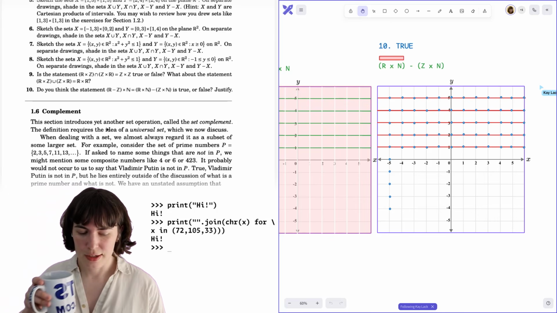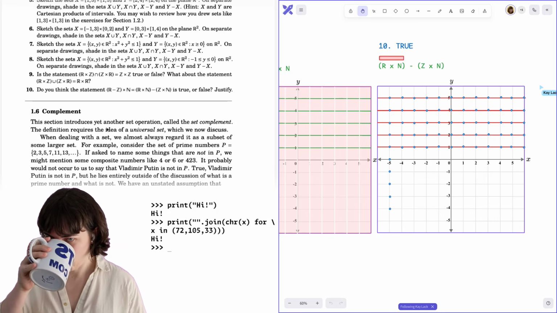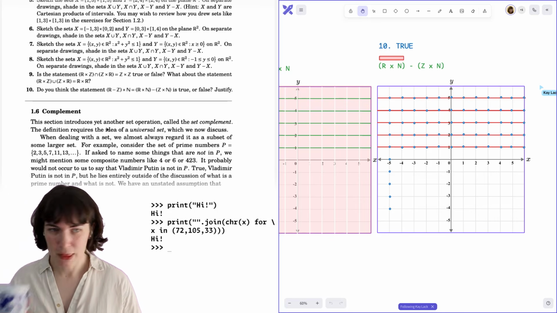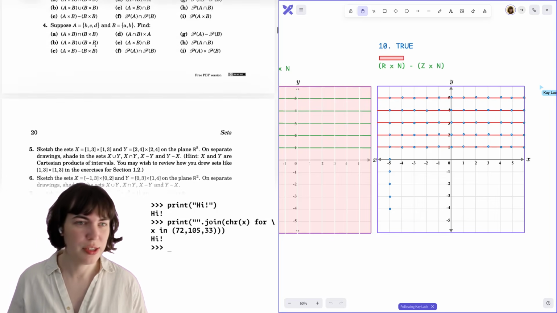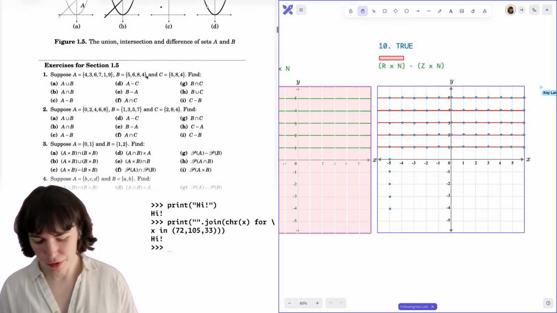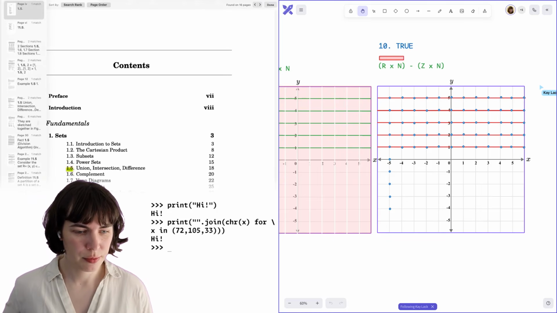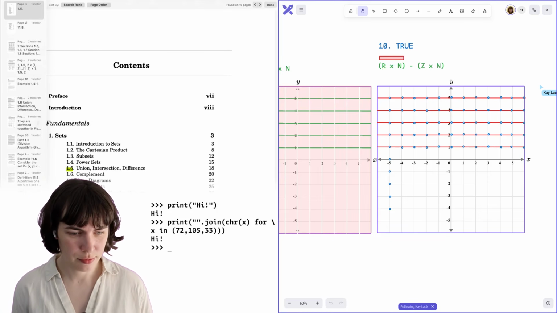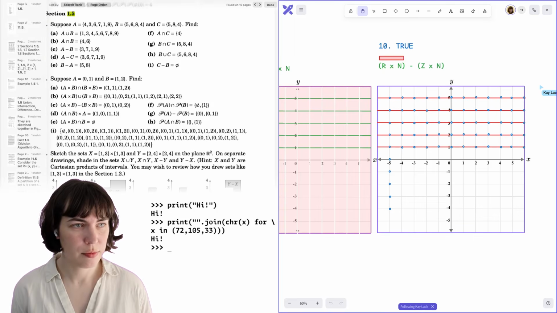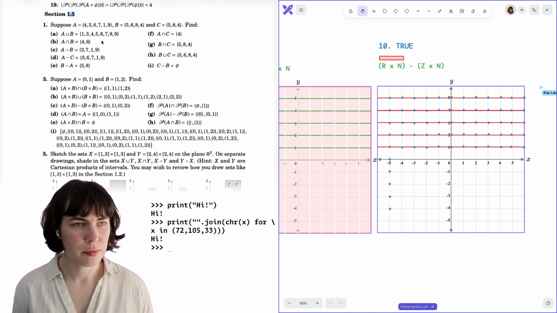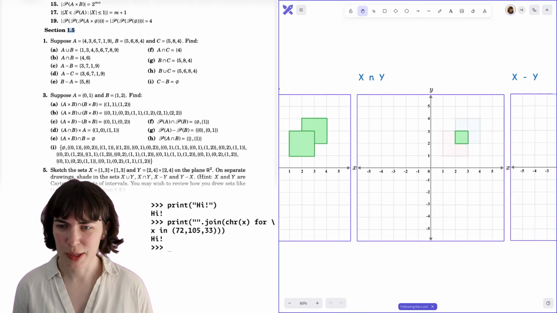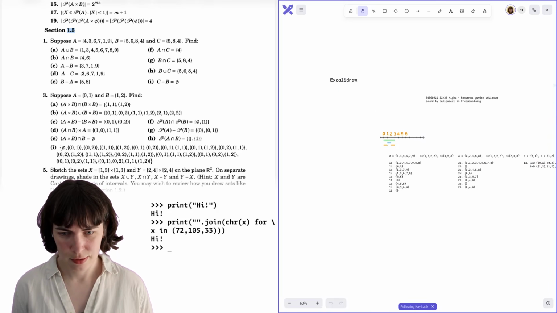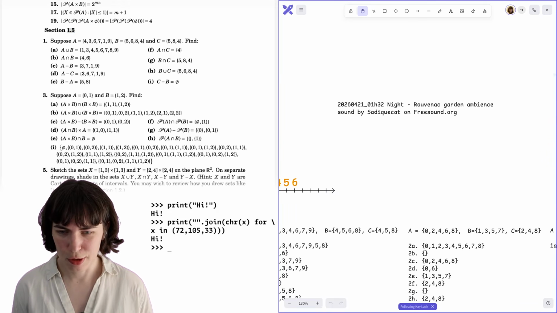Let's see whether I got it right. So this is 1.5. Okay, so I did some of these. Let's hope I didn't get them all wrong.